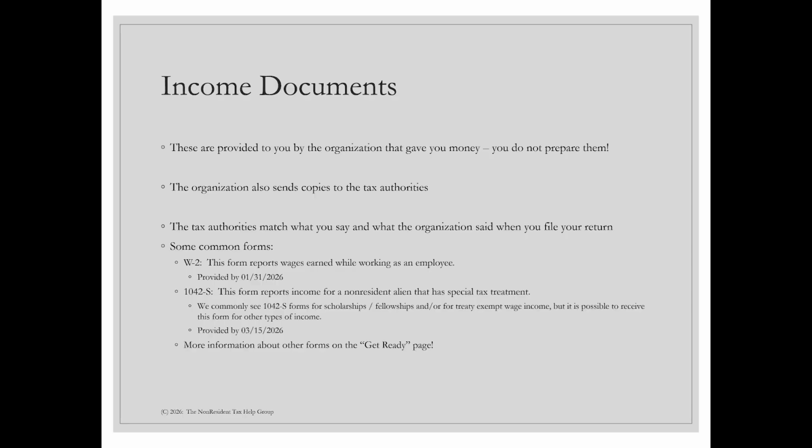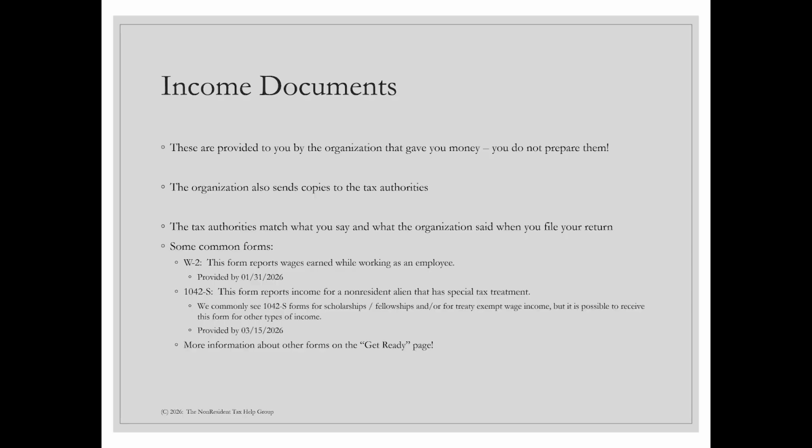So some common forms are the W-2, which reports wages earned while working as an employee. And that should have been provided by the end of January 2026. A 1042S form reports income for a non-resident that has special tax treatment. This is typically for scholarships and fellowships or for treaty-exempt wages, but it can cover a very large number of possible types of income.